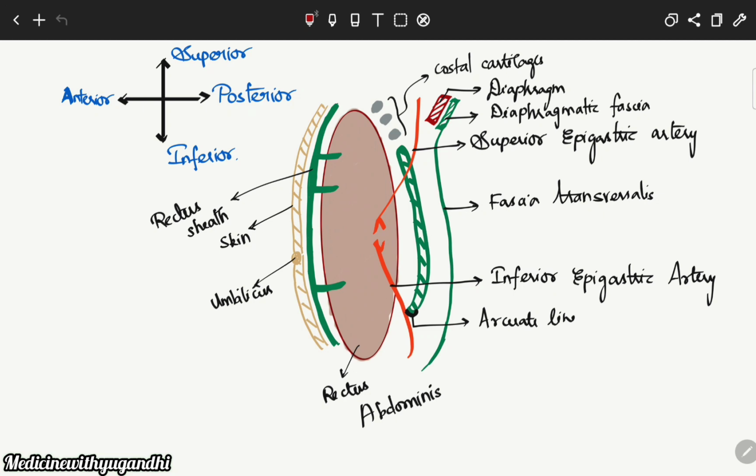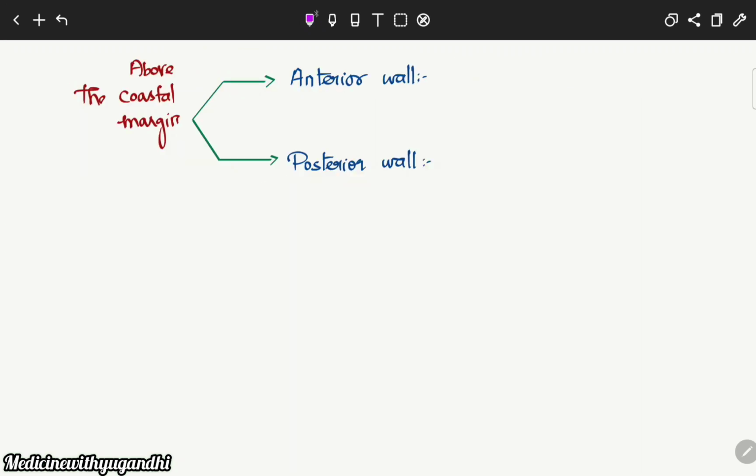Above the costal margin, the anterior wall is formed by the aponeurosis of external oblique abdominis.